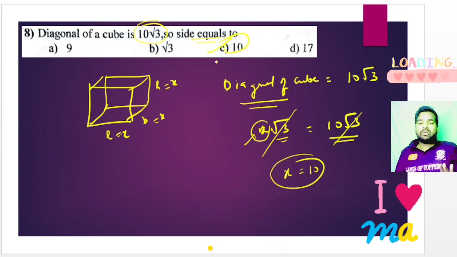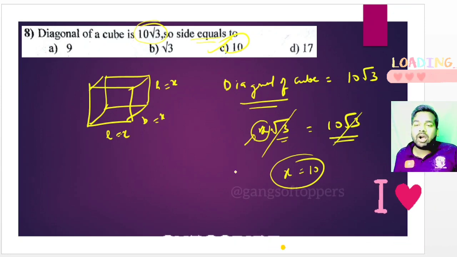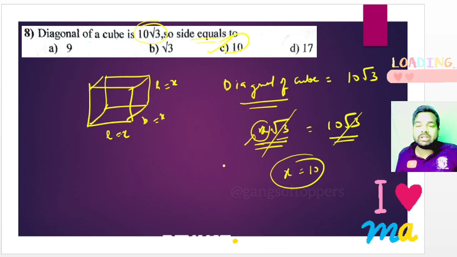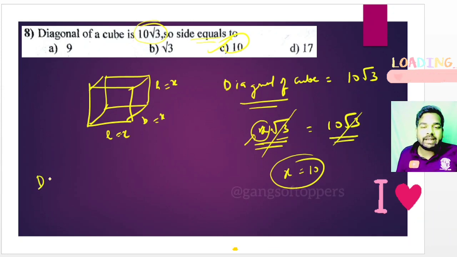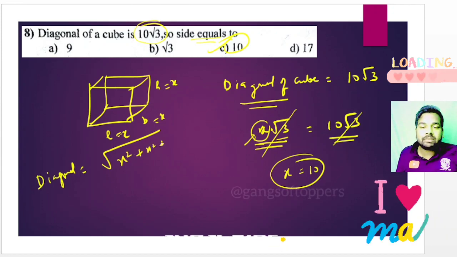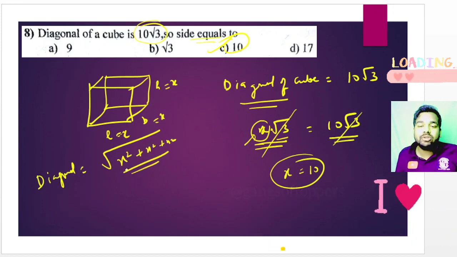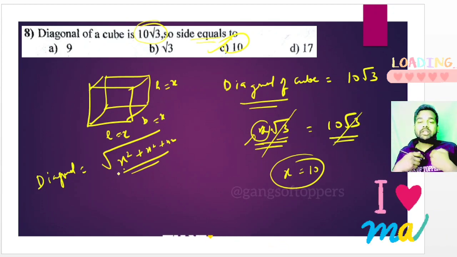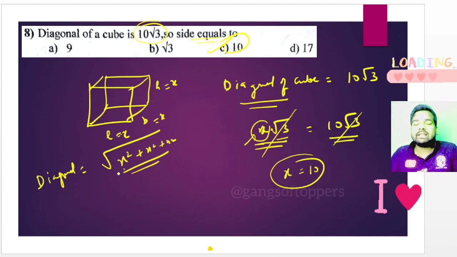Once again, I'm going to explain how the formula came as x root 3. From the concept, the diagonal is equal to root under x square plus x square plus x square. Why? Because length is x, breadth is x, and height is also x. So add the square of length, the square of breadth, and the square of height.